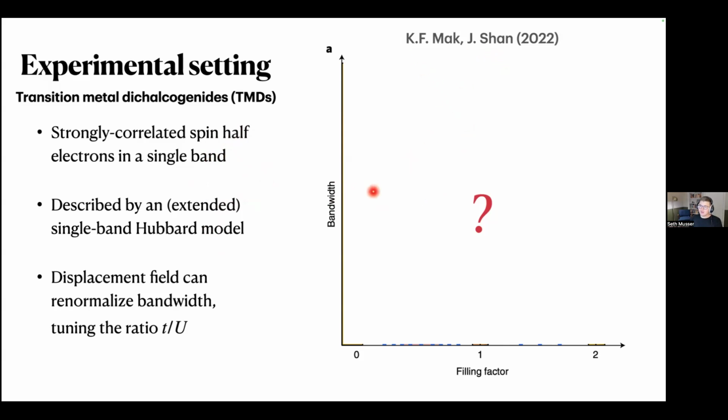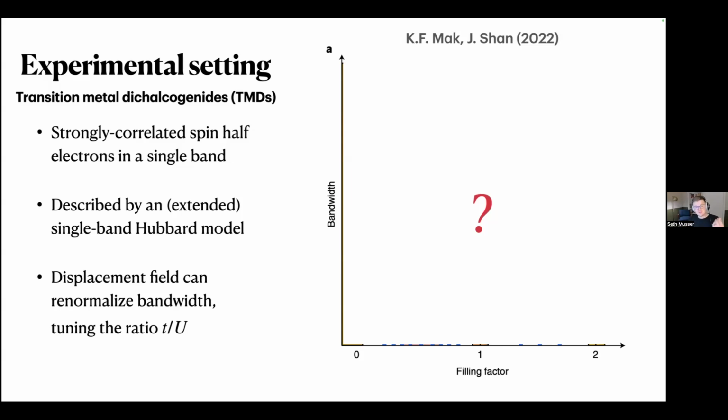by Kin Fai Mak and Jie Shan. Because these Moiré setups can be dual gated, you can tune two things at once. Firstly, you can tune the filling factor of the Moiré lattice just electrically, but you can also tune a displacement field between layers.